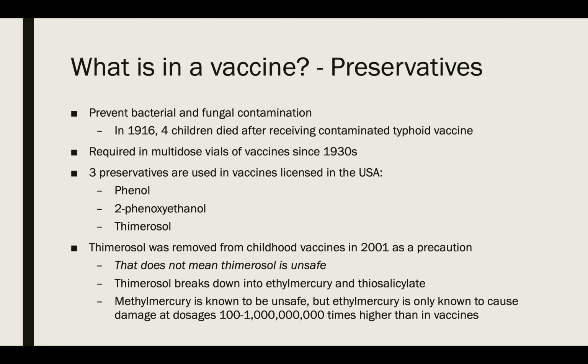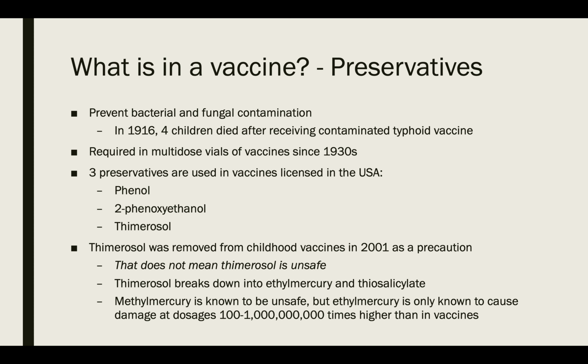All right, so preservatives. These are really important. They prevent bacterial and fungal contamination. So, for example, in 1916, during a test of a typhoid vaccine, 4 children died from bacterial infections because the vaccine was contaminated. So these have been required in multi-dose vials of vaccines since the 1930s.